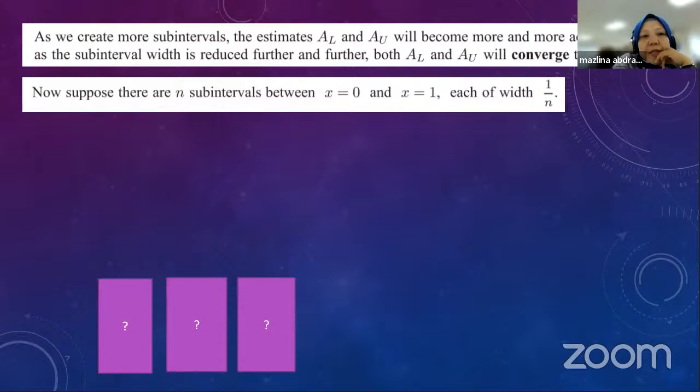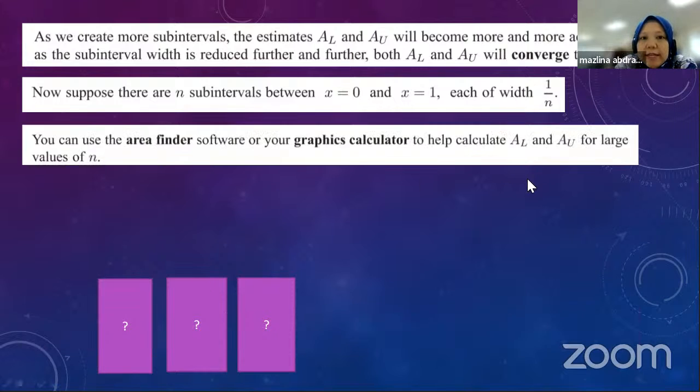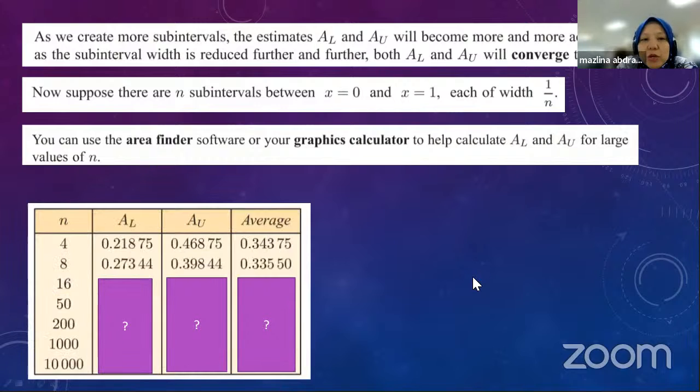Now, there are n sub-intervals between x equals 0 and x equals 1, each with width 1 over n. You can use the area under finder software of your graphic calculator to help calculate the lower and upper sums for large values of n. So now class, I want you to try using your calculator to get this value.